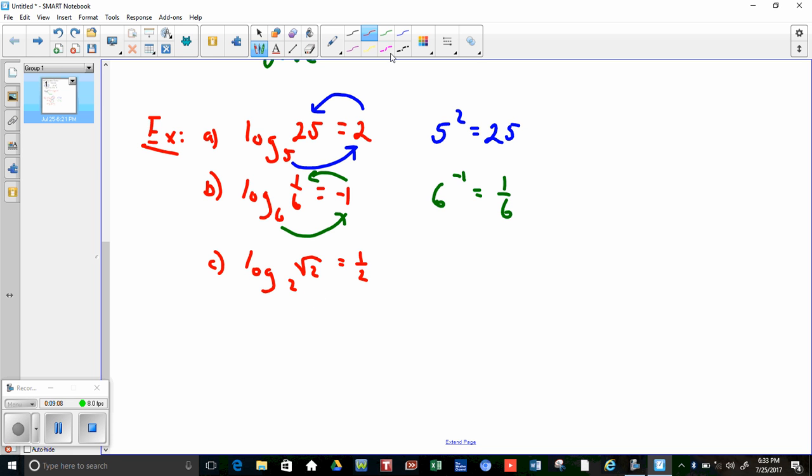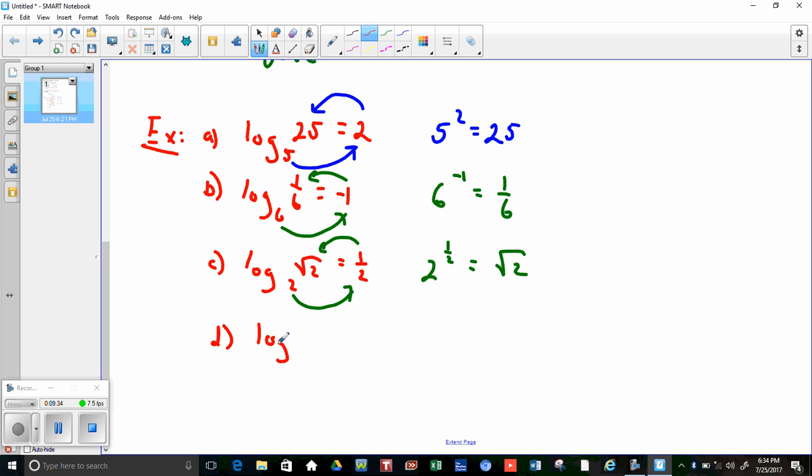Again, change this into an exponential. The base raised to the answer gives you the argument. 2 to the 1/2 equals the square root of 2. And of course, that's a true statement. The 1/2 power is a square root. Hopefully you guys are seeing the pattern here is not really that difficult to do.